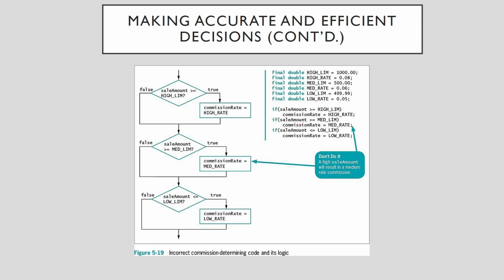The second if statement is asking if the sale amount is greater than or equal to mid lim. Commission rate is equal to mid rate. So for this one, please avoid doing it so that a high sale amount will result in a medium rate commission.